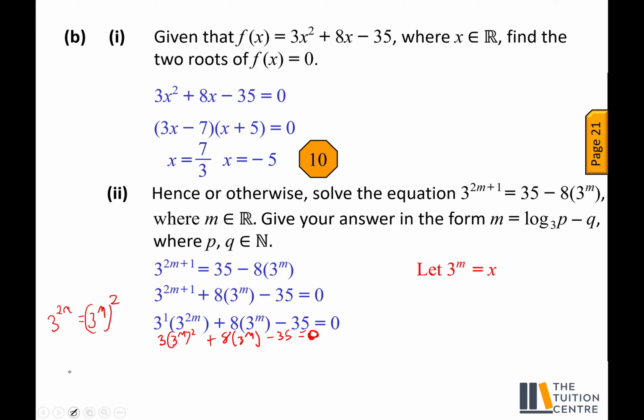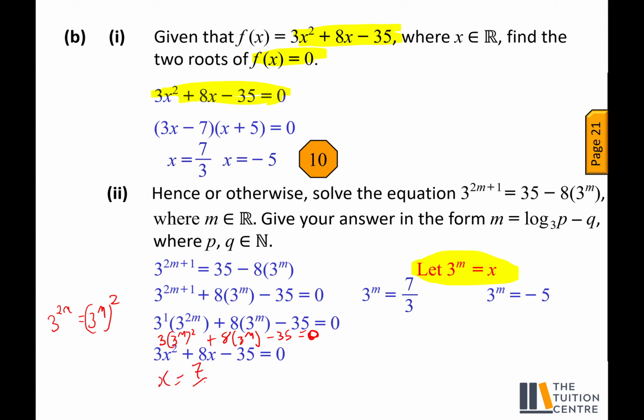Some people will say you let it equal x or y, but I'm going to let 3 to the power of m equal x in this case. So now all of a sudden we have 3x squared plus 8x minus 35 equals 0, and of course that is exactly what we solved up here. So we know that x equals 7 over 3, or x equals minus 5.